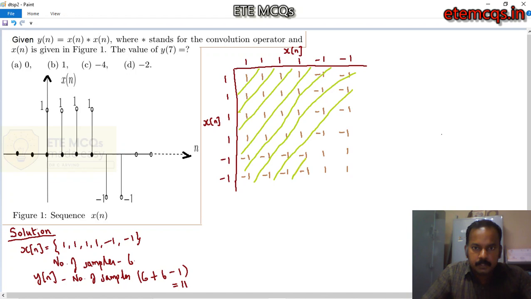You just section it clearly. So it has been sectioned. This is how you section it.